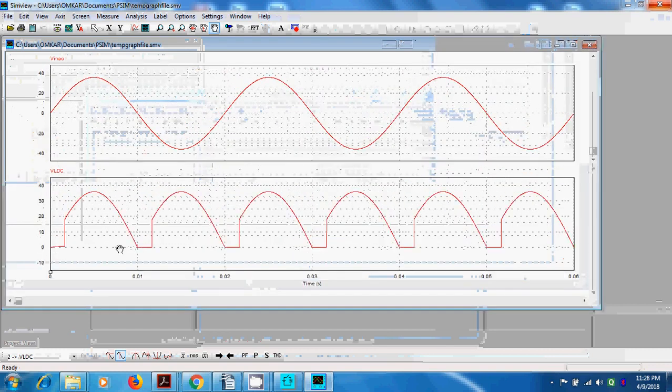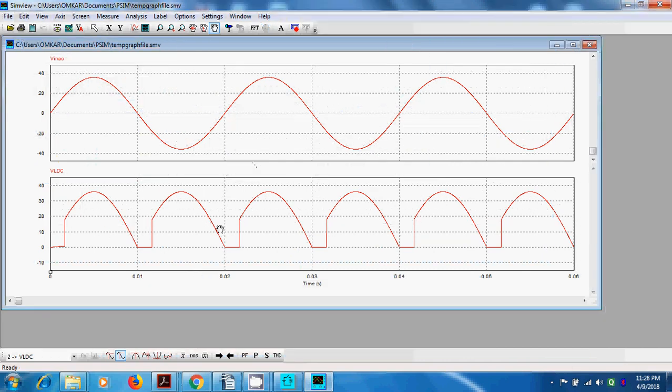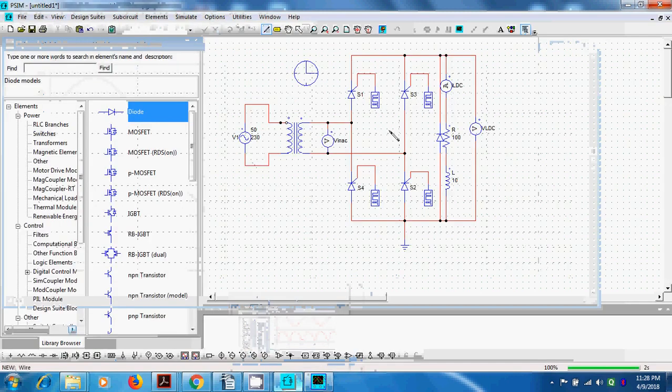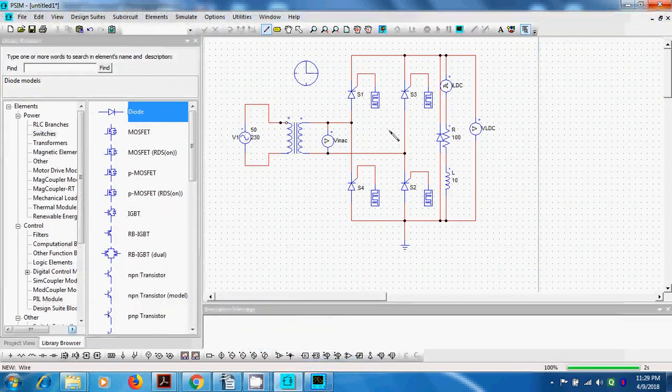The negative part is getting clipped, or vanished, because of this freewheeling diode. That is actually the nature of a freewheeling diode. If we compare this waveform with the semi converter, it will be the same. So this is again a very important observation that we have to study. So this is all about single phase semi converter and single phase full converter using different loads, that is R load, RL load, and RL load with freewheeling diode.